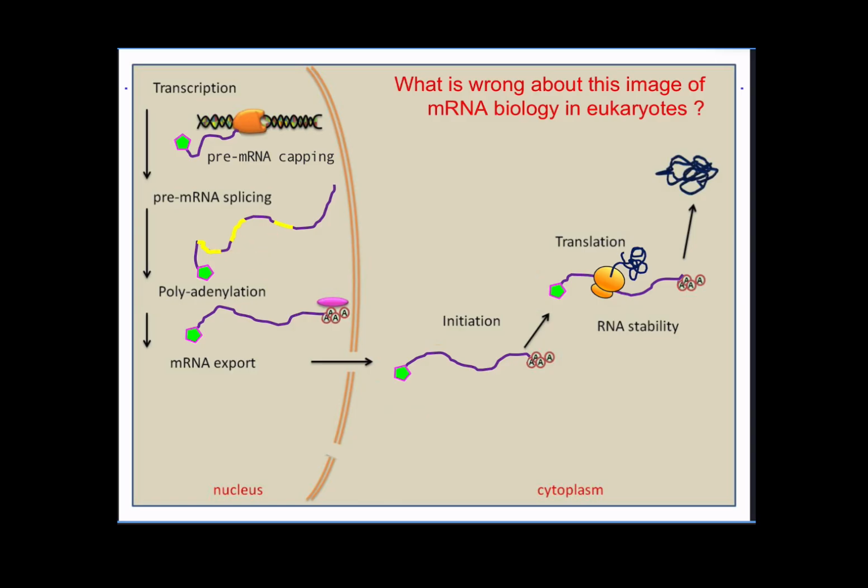When the transcript has been properly spliced and properly polyadenylated and capped, it can be exported. And then once in the cytoplasm, there are a number of steps that will control initiation of translation, and among others, mechanisms to control for RNA stability. And then translation takes place, and you have a protein. My question to you is, what's wrong about this image?